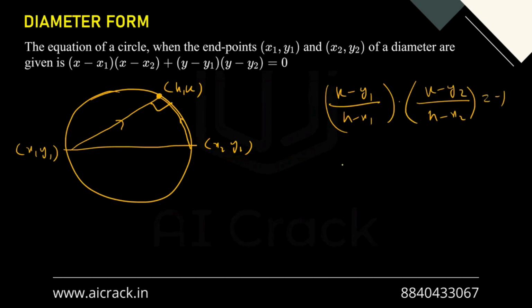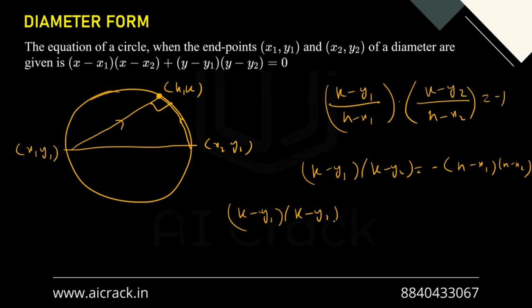Now if I do the cross multiplication, I'll be getting k minus y1 times k minus y2 equals minus h minus x1 times h minus x2, right? Now if I take it towards the left, I'll be getting k minus y1 times k minus y2 plus h minus x1 times h minus x2 equals 0.